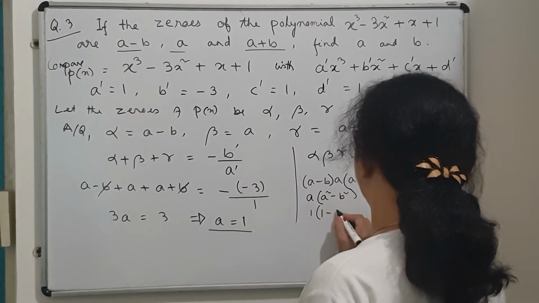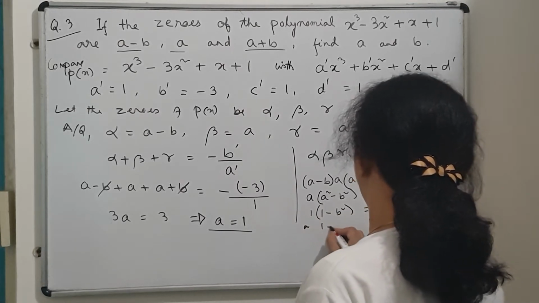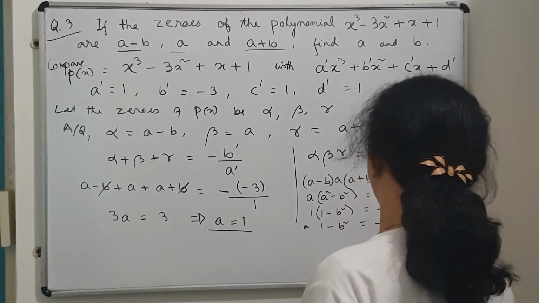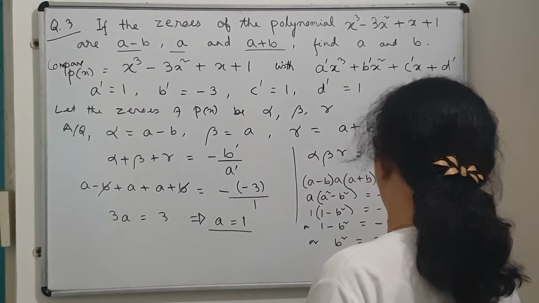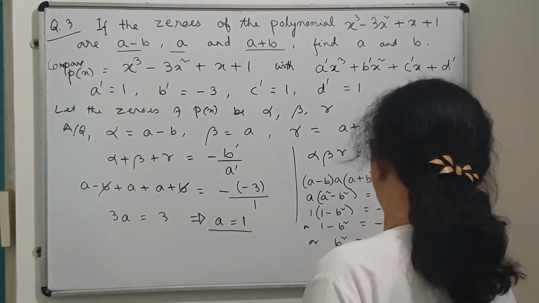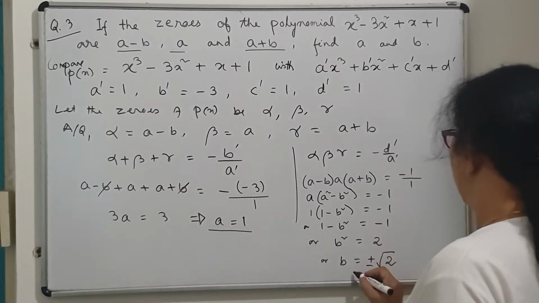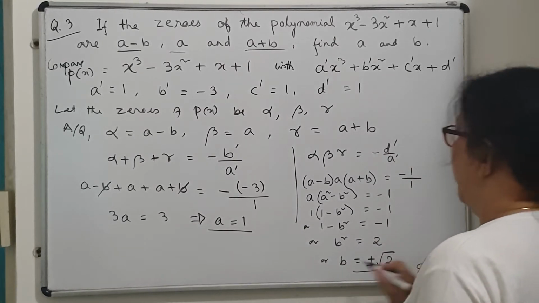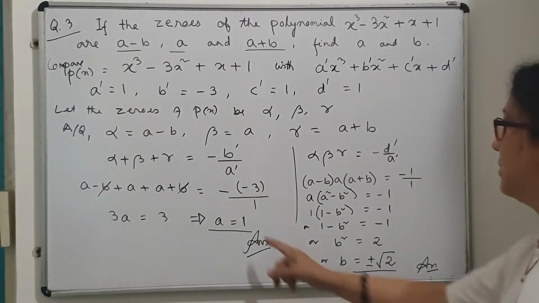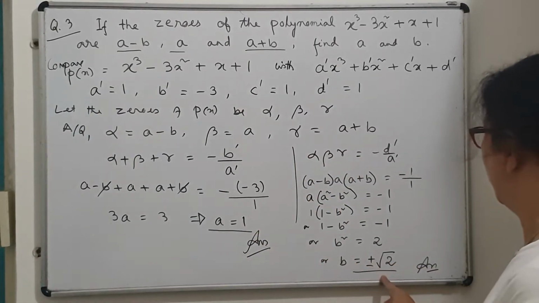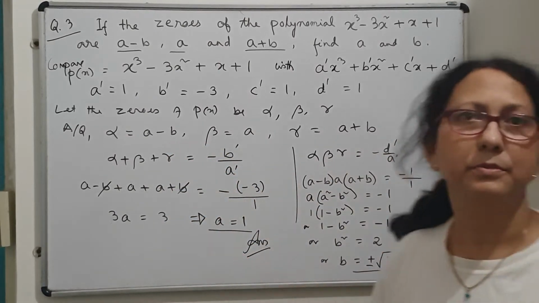So 1 minus b square is minus 1, or b square is equal to 2, or b is equal to plus minus root 2. So these are the answers: the value of a is 1 and b is plus minus root 2. So simply by using the relations we can solve the question.